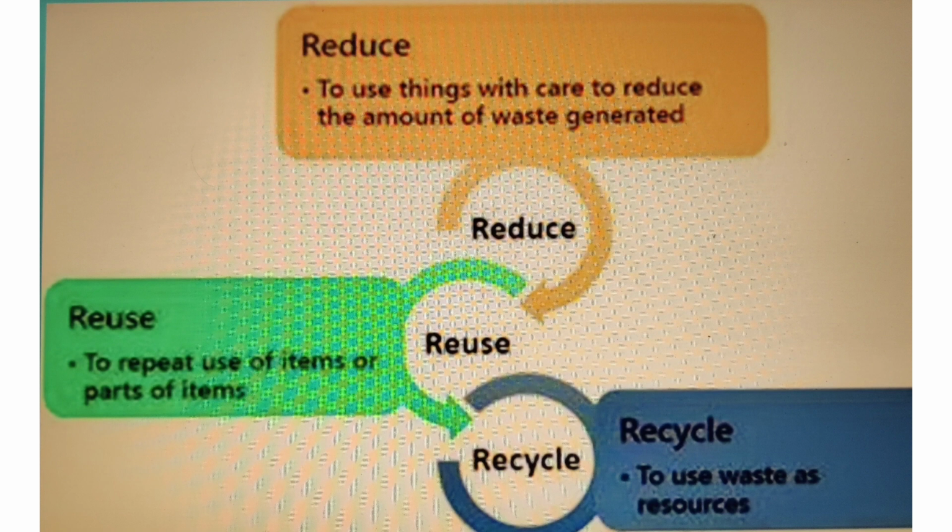Suppose you are going to a supermarket to purchase necessary things. At that time, avoid the purchase of unnecessary options. By consciously reducing our consumption, we can reduce the demand for goods, which in turn reduces the production and disposal of waste.